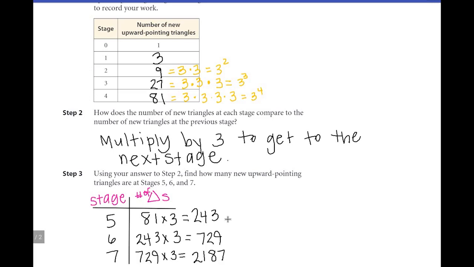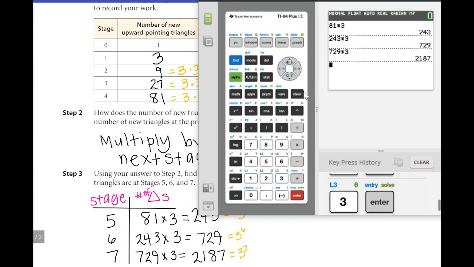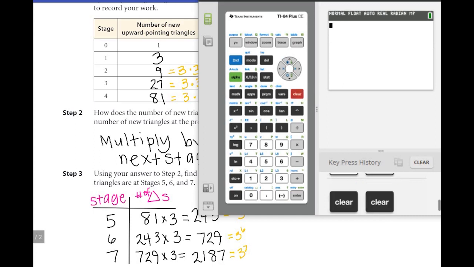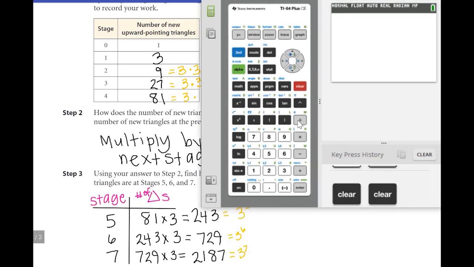And we'll see, it just keeps going. So we start with 3 to the 2nd, 3 to the 3rd, 3 to the 4th. You can bet this is going to be 3 to the 5th, 3 to the 6th, 3 to the 7th. Let's just check our answers really quick. We use this little caret to use an exponent, so 3 to the 5th.